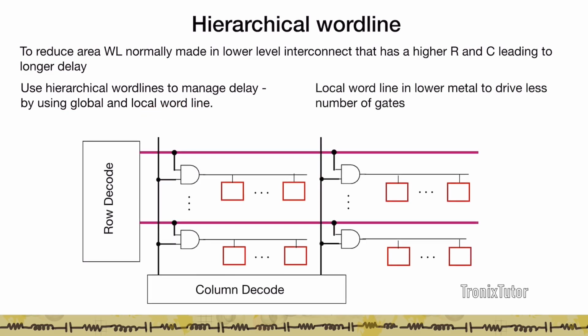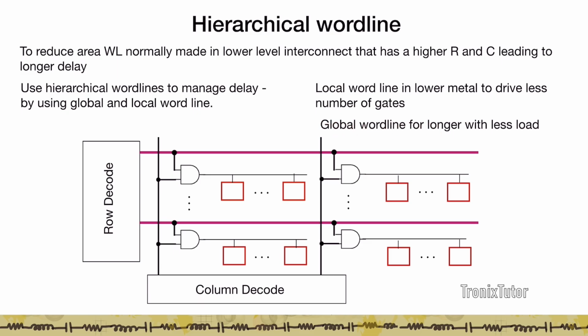It would look something like this. You have a row decode which gets you to the global word lines, and then you have another column decode, a combination of those two which gets you to the local word lines. The local word lines are in lower metal, so they're going to drive fewer gates, but they're going to be quick.